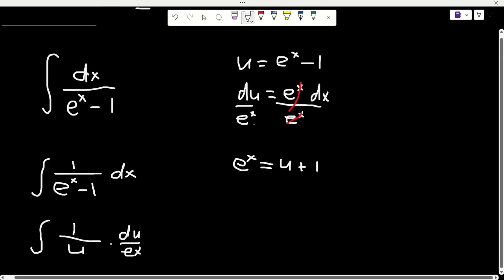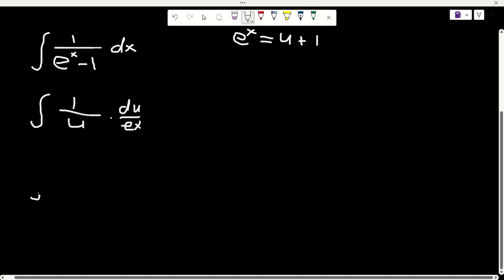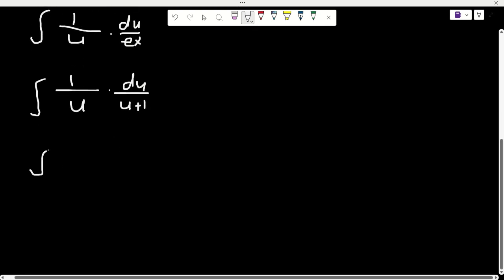So this is e^x is equal to u plus 1. Now, let us substitute it here. So it will become 1 over u times du over u plus 1.